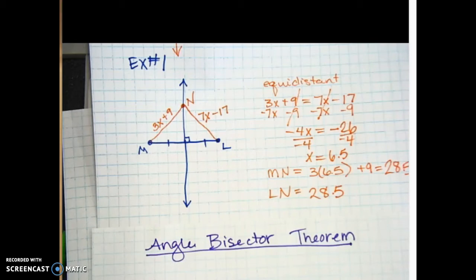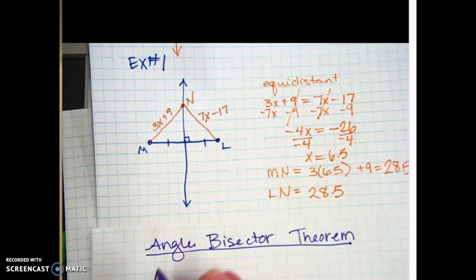All right, so here's what the angle bisector theorem says. If a point is on the bisector of an angle, then it is equidistant from the sides of the angle. Okay? So guess what we're going to draw first? That would be an angle.